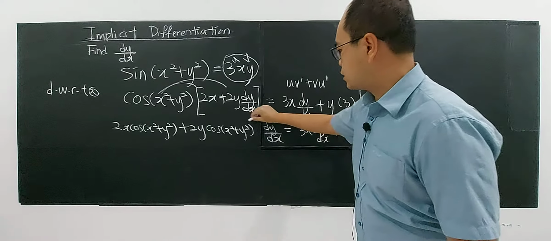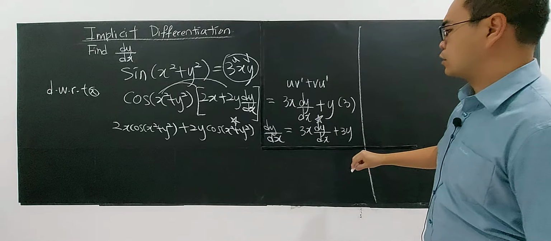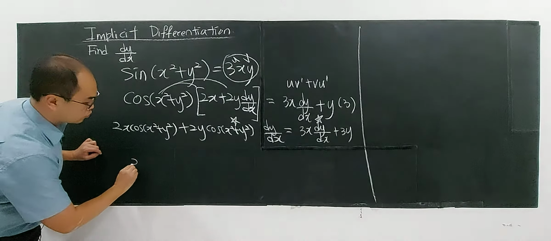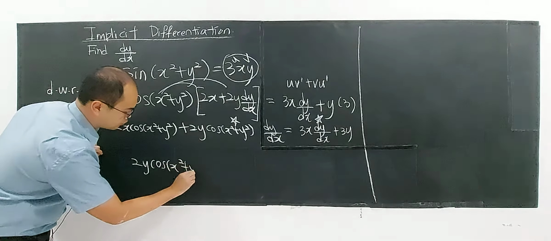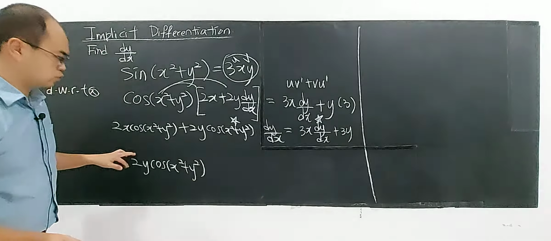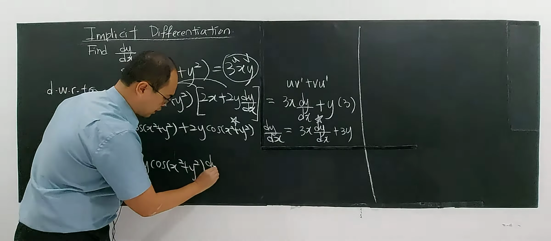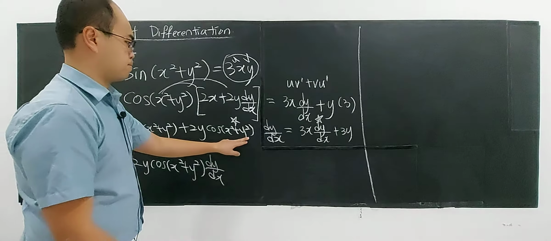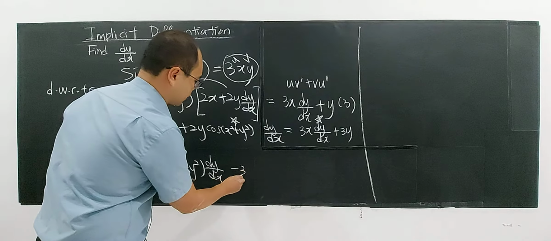Alright, now I'm going to rearrange this whole thing. With this term, put a star here, you have dy/dx, and this one also you have dy/dx. So if I rewrite here, I get 2y cos(x^2 + y^2) dy/dx, plus, move over here, you have negative, right?